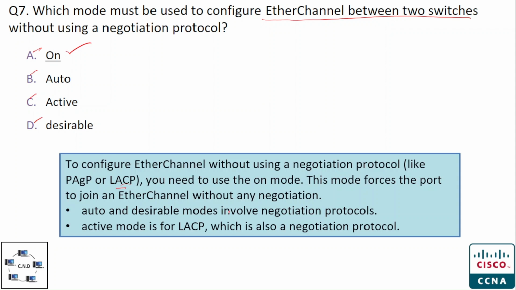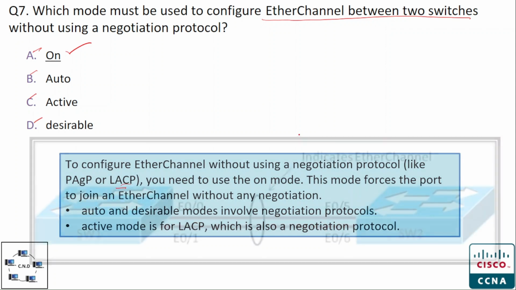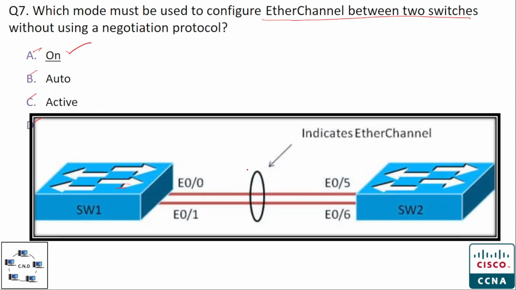Auto and desirable modes involve negotiation protocols. Active mode is for LACP, which is also a negotiation protocol. So a quick guide to what EtherChannel is. In EtherChannel, we combine two or more ports between two switches, and the purpose of this is to increase the bandwidth.